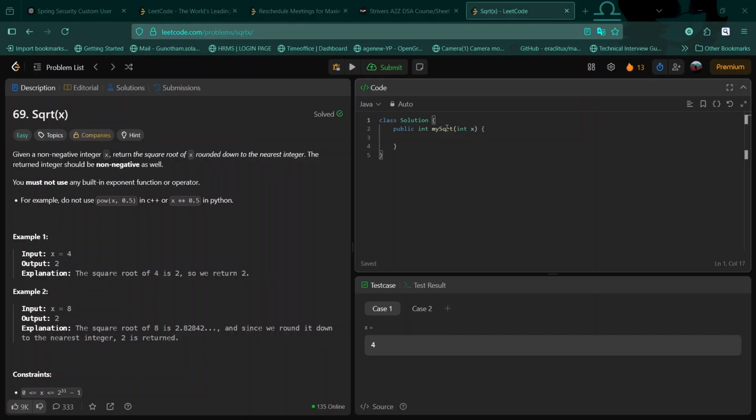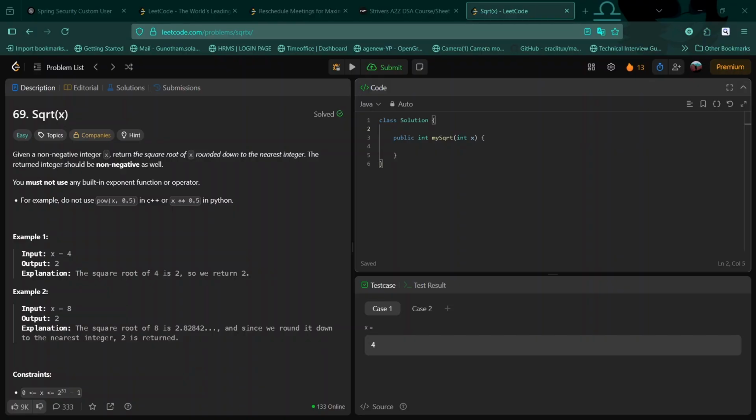Another approach is solving through binary search. We will implement the two pointers method in the binary approach, where low is 0 and high is x.